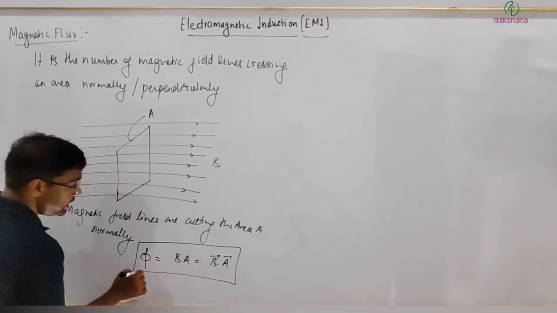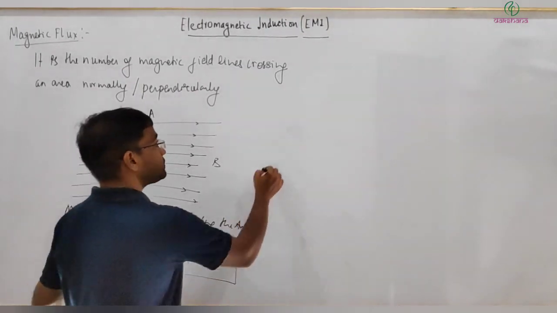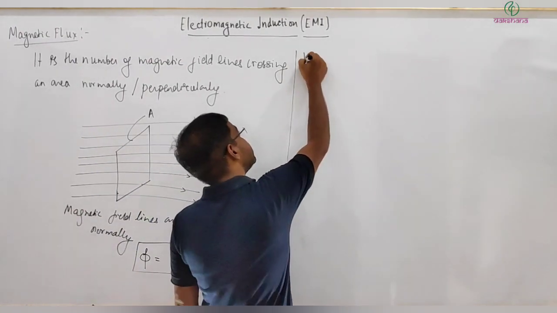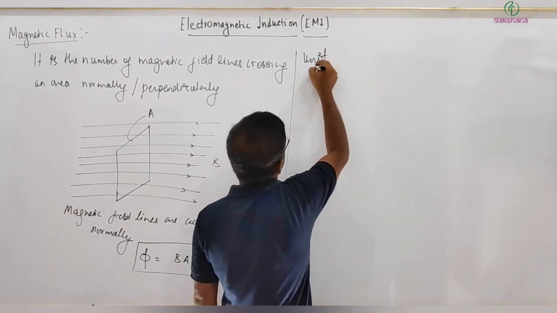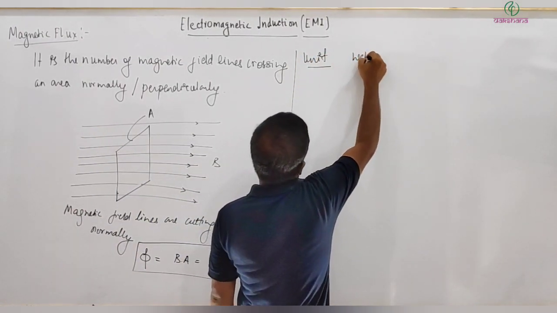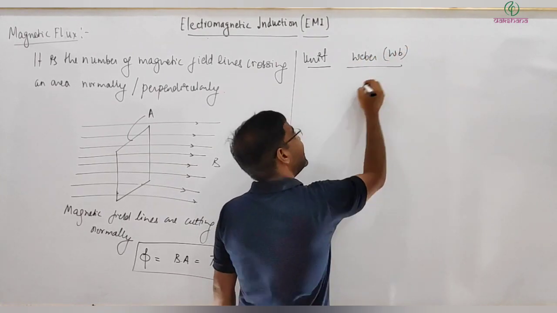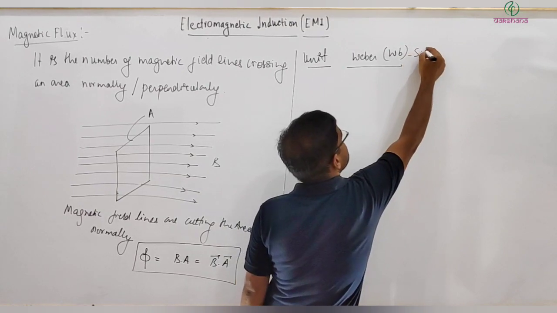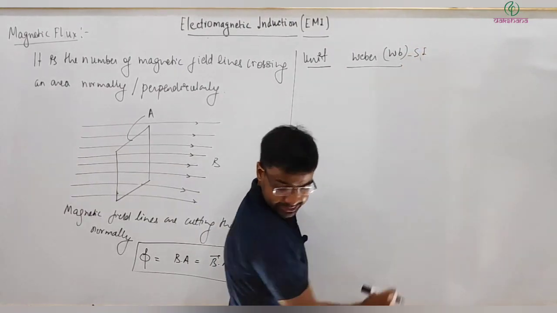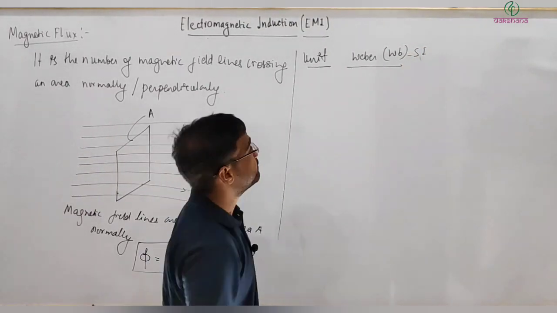The unit of magnetic flux is called Weber, denoted by Wb. This is the SI unit of magnetic flux.